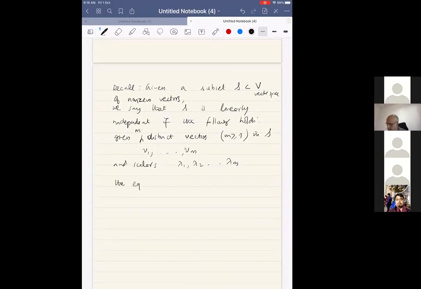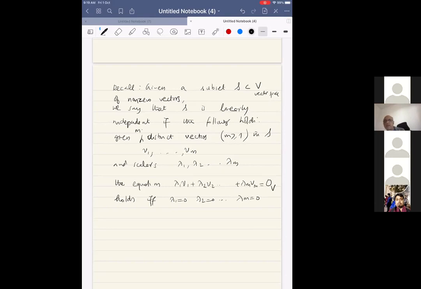The equation lambda 1 v1 plus lambda 2 v2 plus ... lambda m vm equal to the 0 vector holds if and only if lambda 1 is 0, lambda 2 equal to 0, ..., lambda m equal to 0. So this is the definition of a linearly independent subset of a vector space.